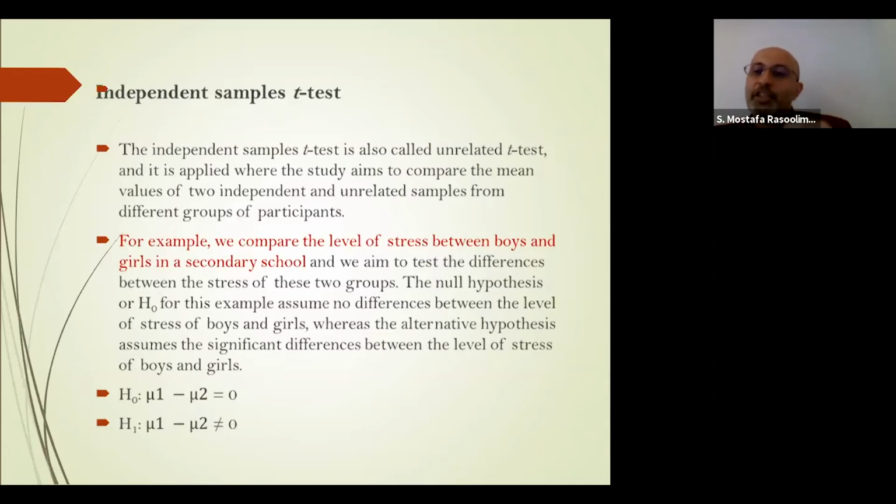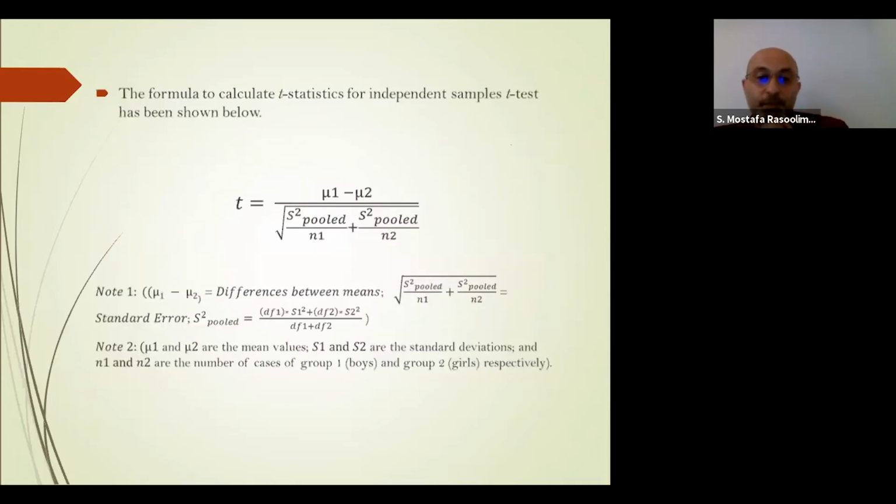So these are the three different types of t-tests that we can apply based on our hypothesis. And we can run the analysis, compare results, and see the significance between these two groups for some variable.